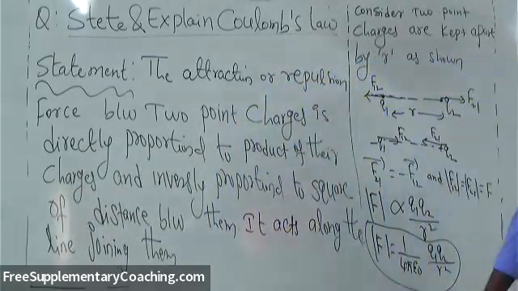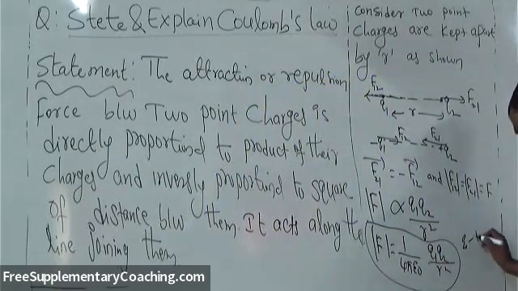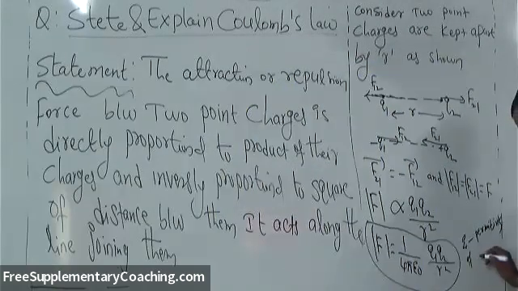Clear? And here epsilon naught is a constant, we call it the permittivity of air.